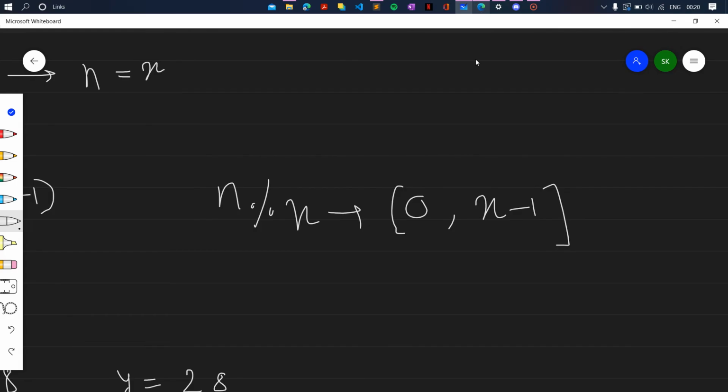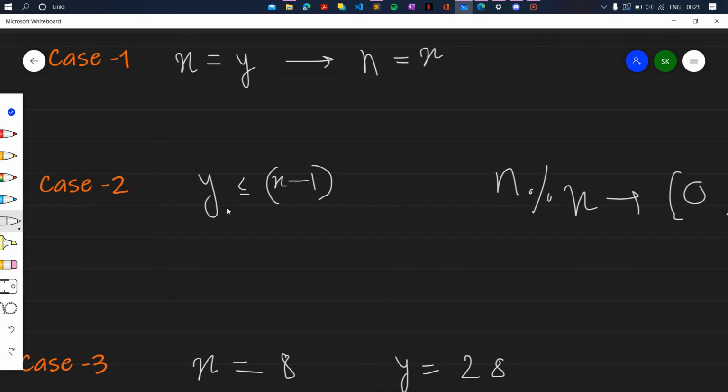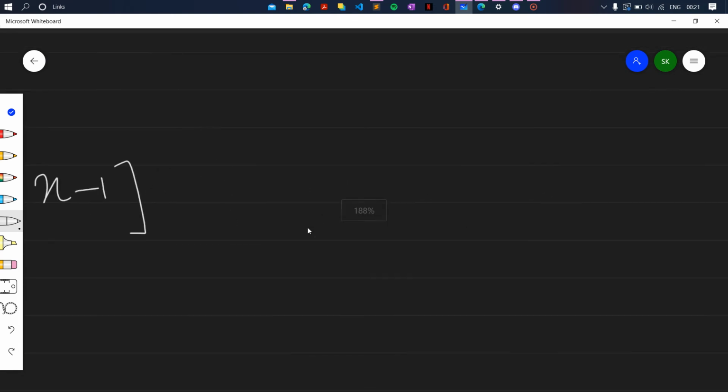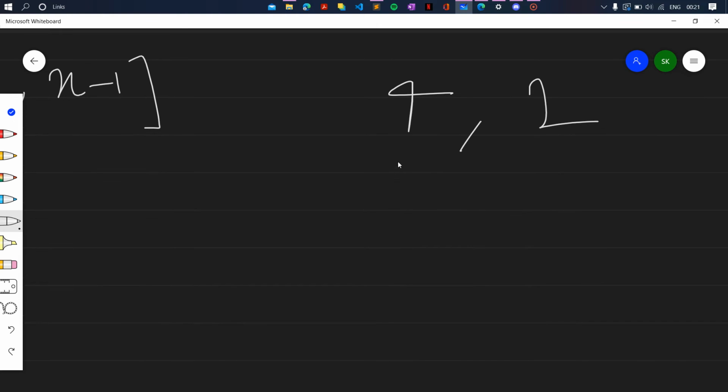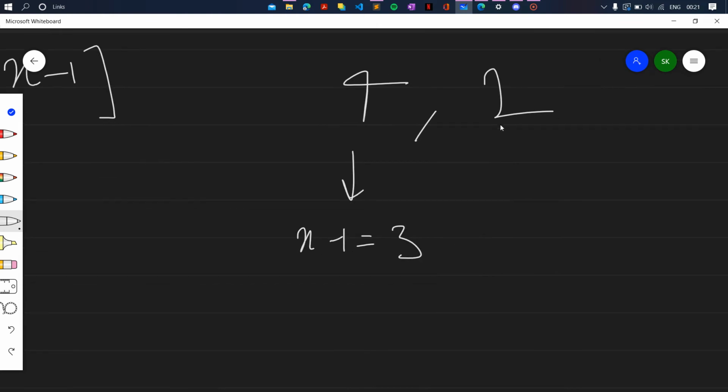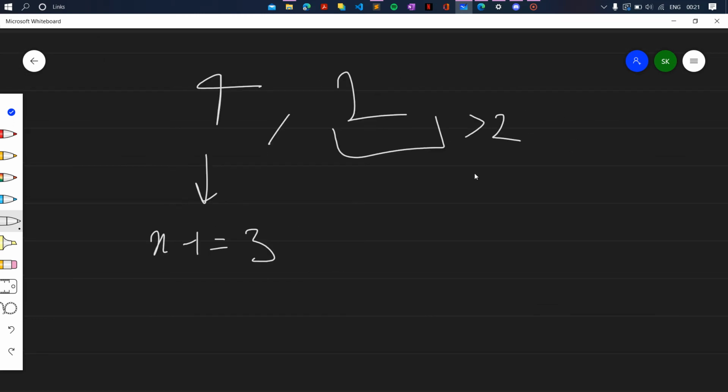So if we have y less than or equal to x minus 1, for example 4 comma 2, x equals 4, so x minus 1 equals 3, and 2 is obviously less than or equal to 3. Then if we take any number greater than 2, from 3 to infinity, the mod will always come out to be 2 only.